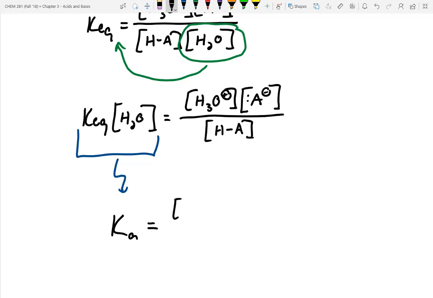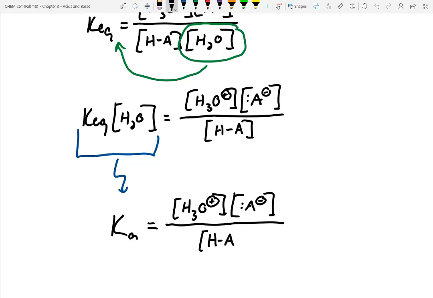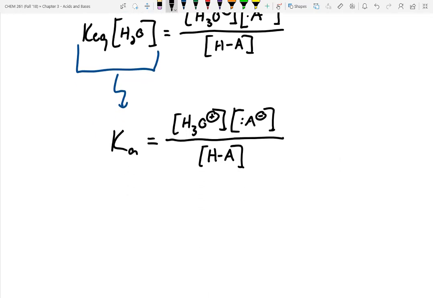And now we can simplify things, ignore water because it's now factored into the Ka. And we've got our acid underneath. This is super duper important in chemistry, right?